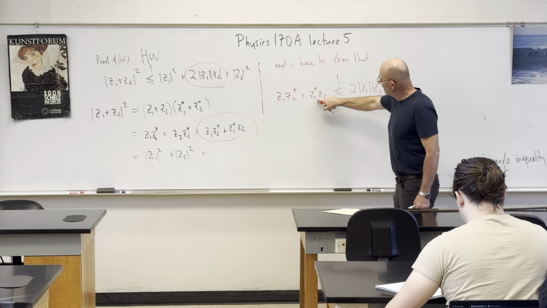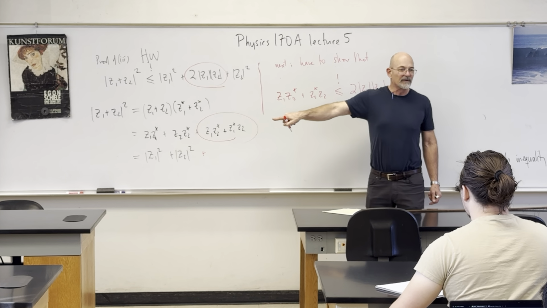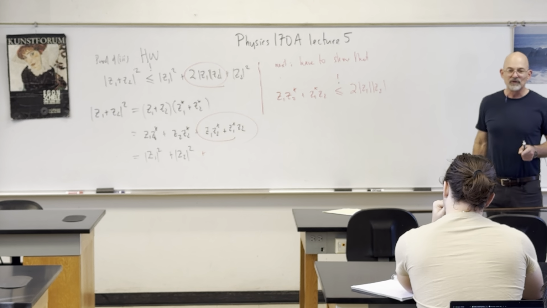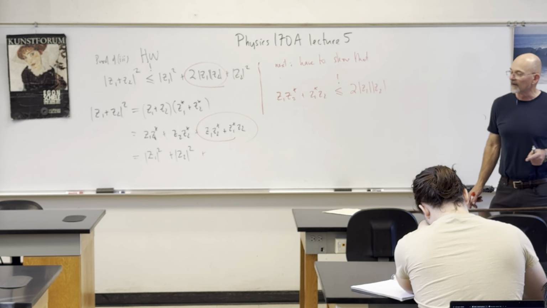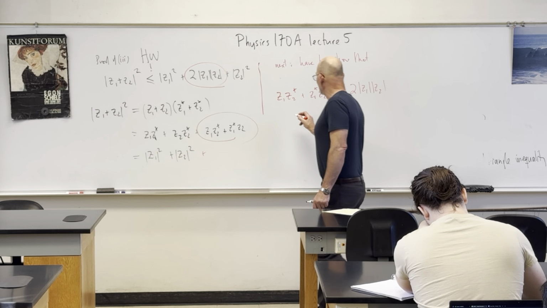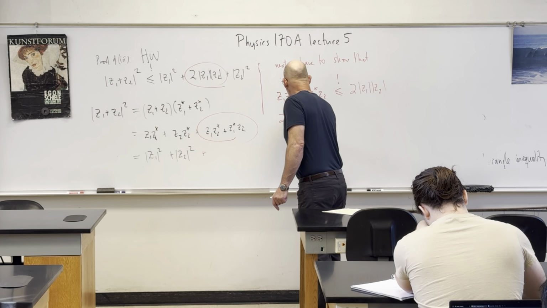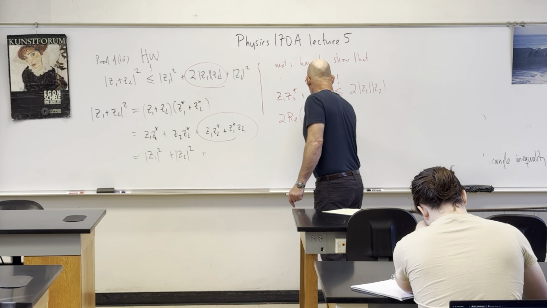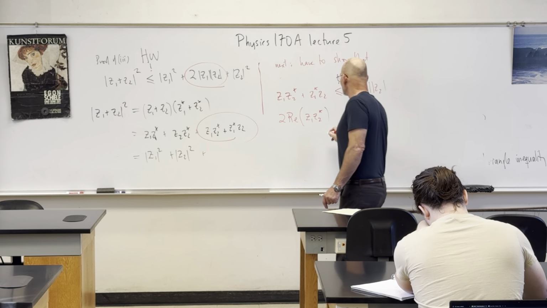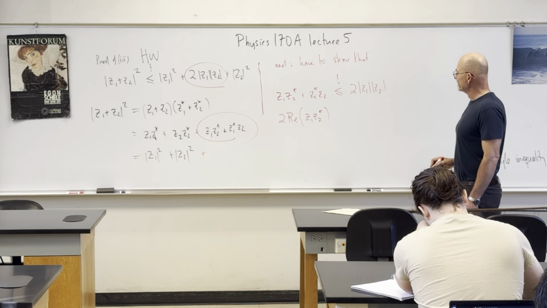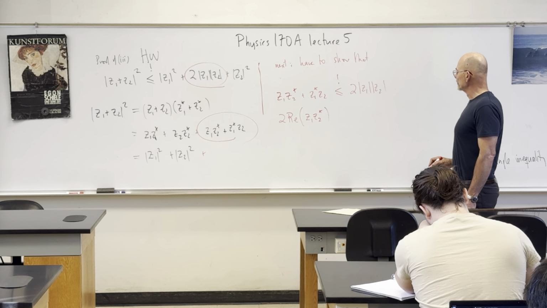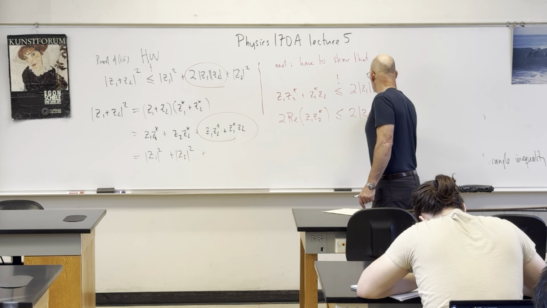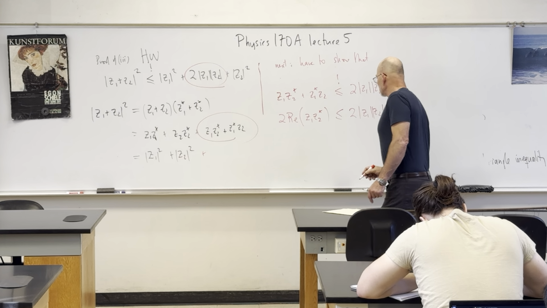Okay. So here's where an interesting point comes in. You'll notice this is the complex conjugate of the first part here. So a number plus its complex conjugate is 2 times the real part. So this is 2 times the real part of z1 z2 star. Twos cancel.